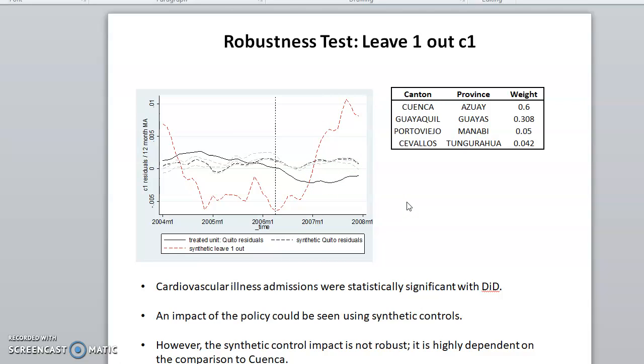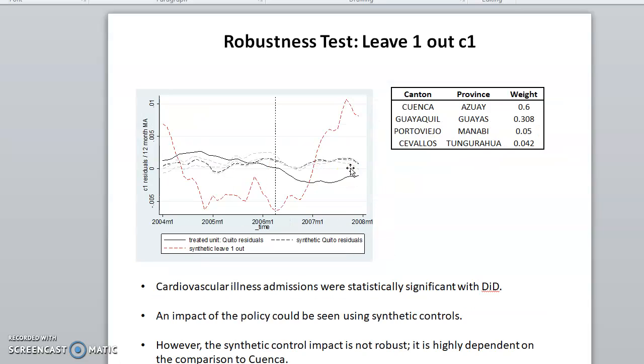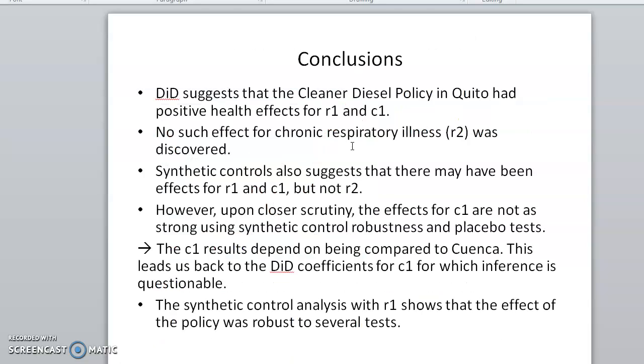So my conclusion is that for R1, I can be pretty sure that I am finding an effect, but for C1, even though my diff-in-diff was very significant, it's not as robust, and it's hard for me to conclude just from inference itself that it's statistically significant. I can't discard it either. I just can't accept it.